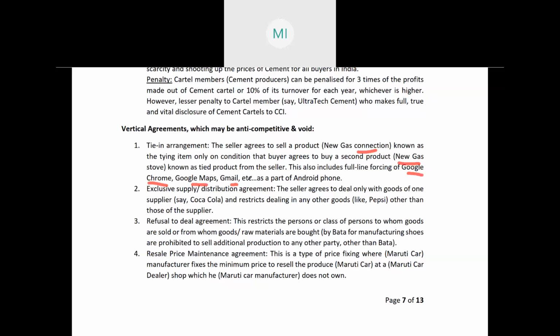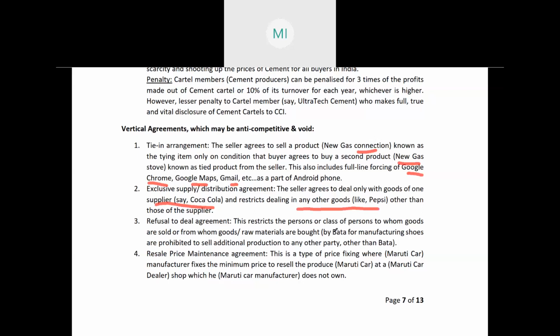Then exclusive supply or distribution agreement. This is what we discussed about Domino's and KFC. When you go there, they will give you only one product, like either Coke only or Coke products, and they will restrict you from dealing with any other products like Pepsi. So that is called the exclusive supply or exclusive distribution agreement. Then there is a refusal to deal agreement.